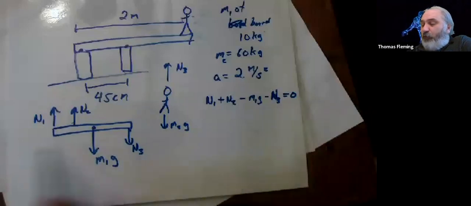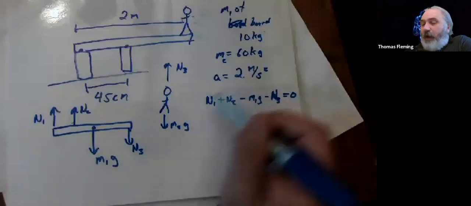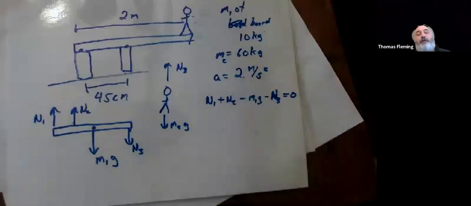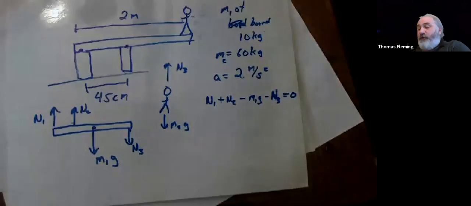Now, there's no sideways forces, so all I have is this up and down F equals ma equation. But now I'm going to have to do another equation. And in that other equation, I'm going to have to do the sum of the torques. And in order for the sum of the torques to be 0, I'm going to have to choose an axis around which to sum them.